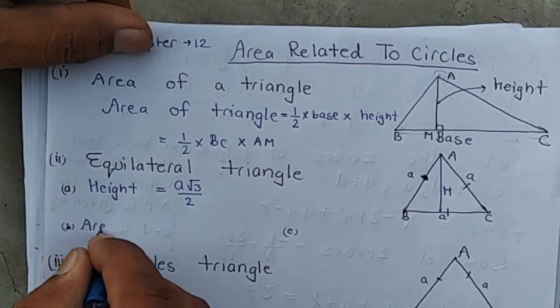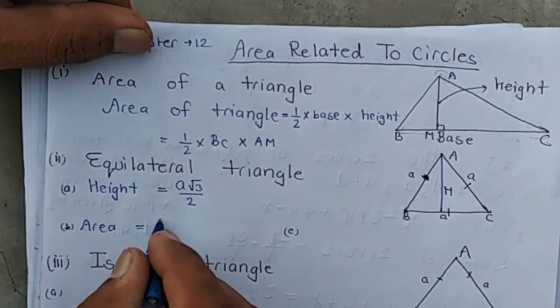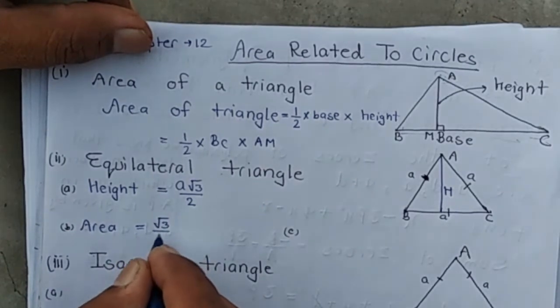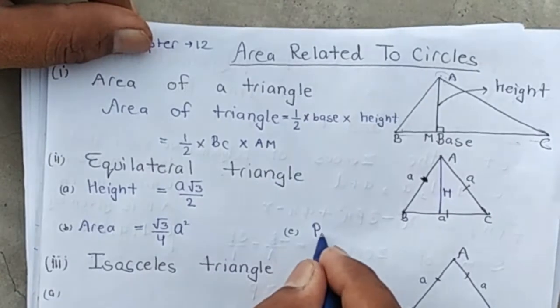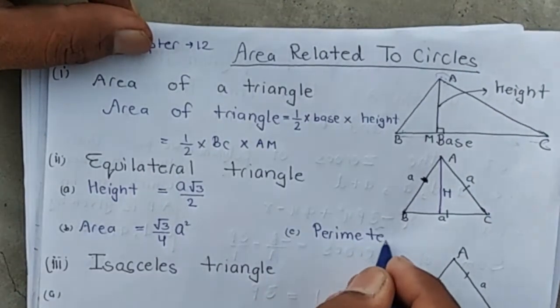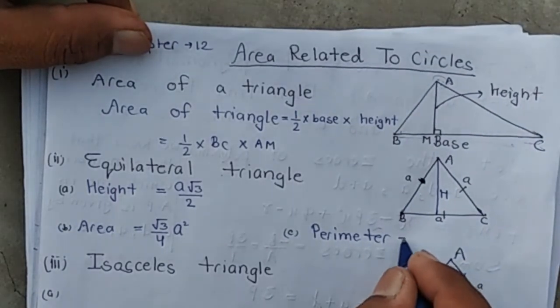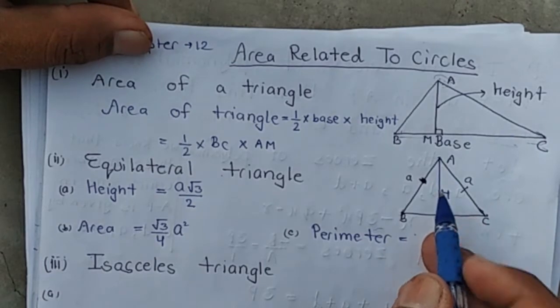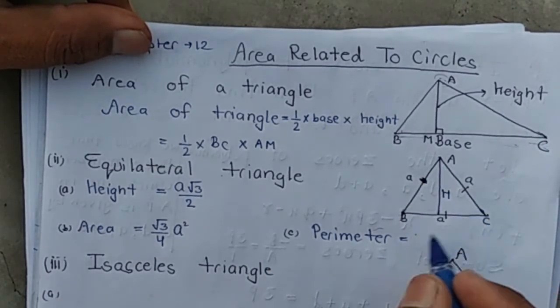Area of an equilateral triangle is given by root 3 by 4 A square, and its perimeter is given by the sum of sides, meaning there are 3 sides, A plus A plus A means 3A.